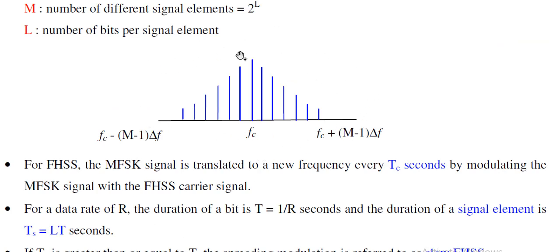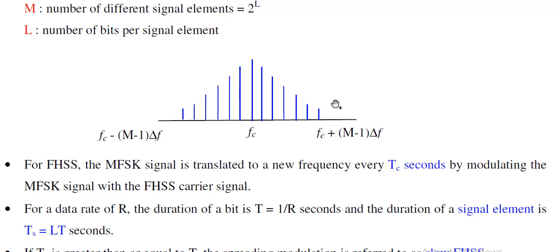spectrum or diagram of the frequencies. This is the carrier frequency, and of course we need M frequencies, which means we have a series of frequencies. The F0 is here, which is equal to Fc minus (M minus 1) Fd or delta f, and the last frequency, when we plug in the maximum index, we end up with Fc plus (M minus 1) delta f or Fd.